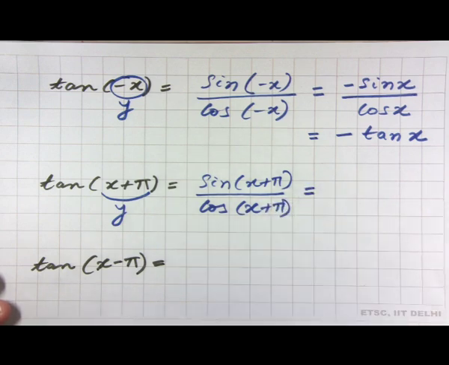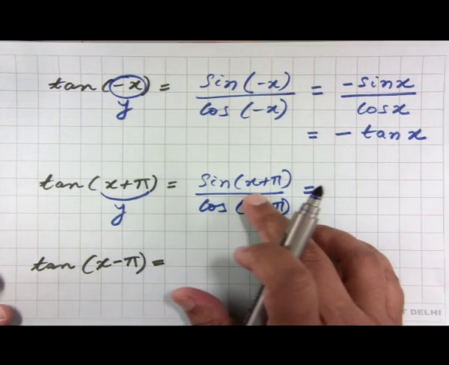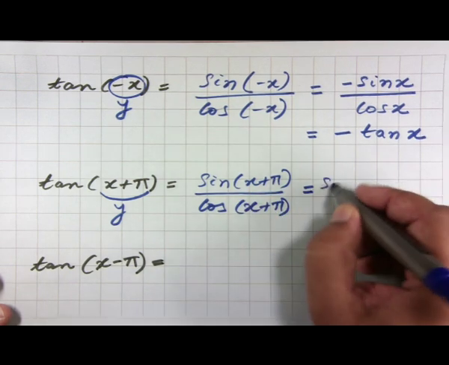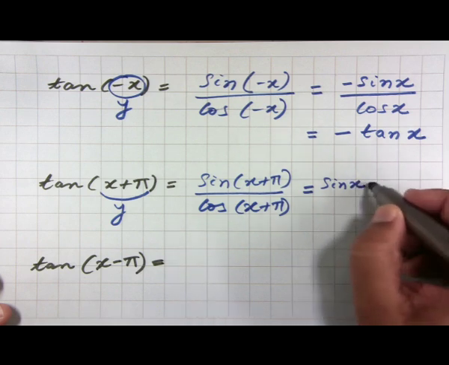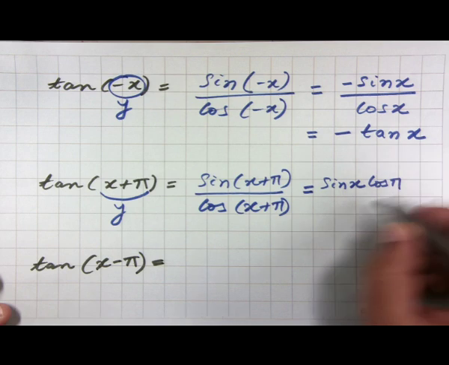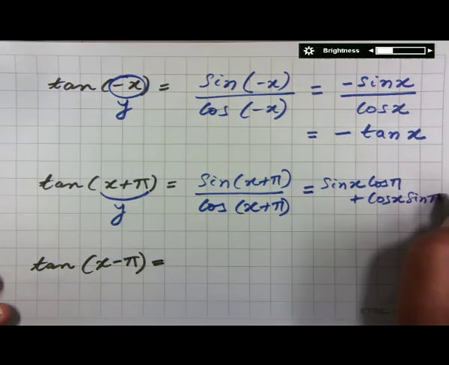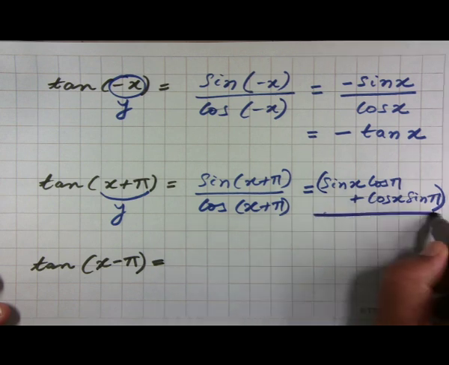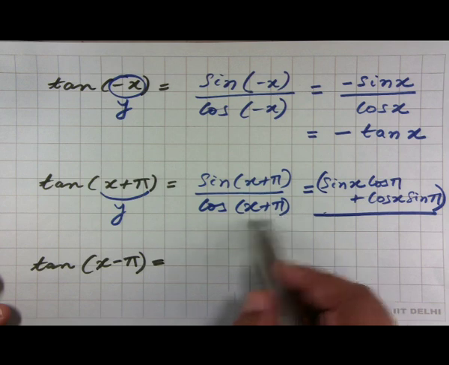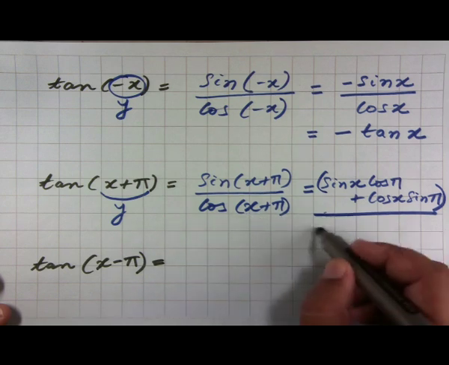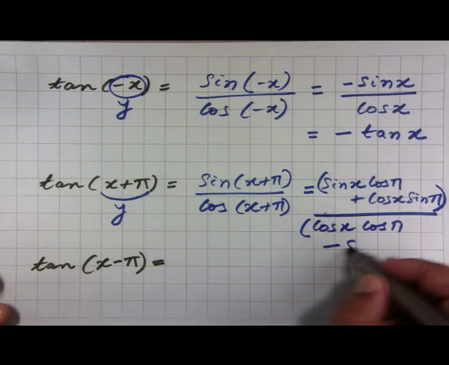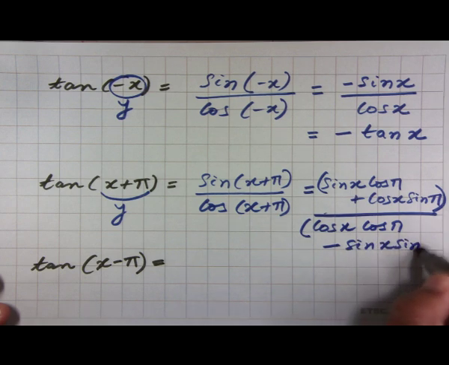Now, sine of x plus pi is equal to, and you can again use this formula for sine of x plus y, sine x into cos y plus cos x into sine y. And cos of x plus y is cos x cos y minus sin x sin y.